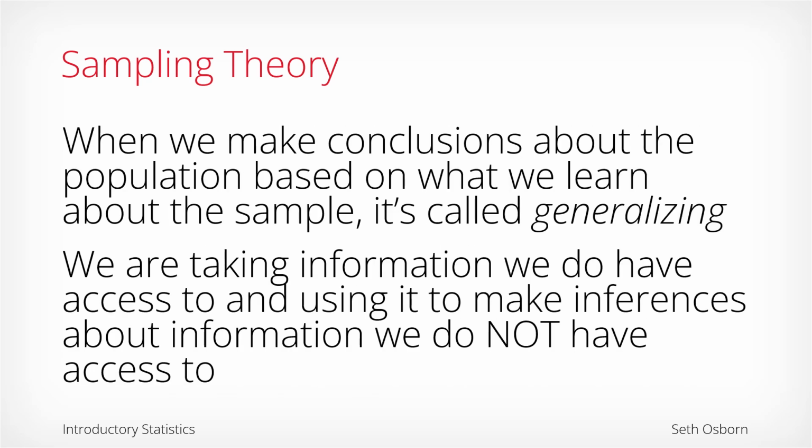When we make conclusions about the population based on a sample we drew from it, or multiple samples, this is called generalizing. We take information we do have access to and we use it to make inferences about information we don't have access to. If the sample is representative of the population, then studying the sample will tell us about individuals in the population who we haven't measured.